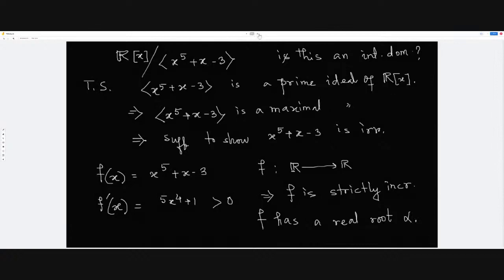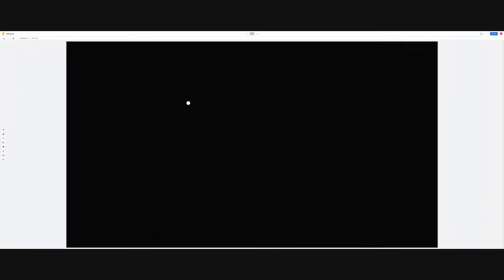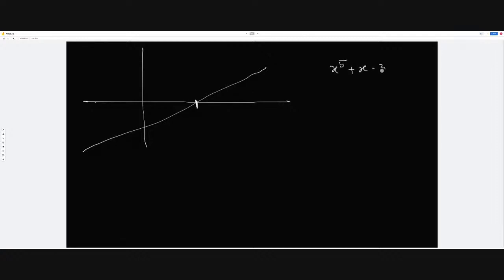Because if you have a strictly increasing continuous function defined from R to R, then it has exactly one real root. So we can write x to the power 5 plus x minus 3 as x minus alpha times g of x.